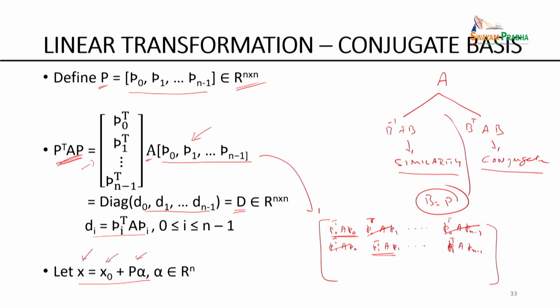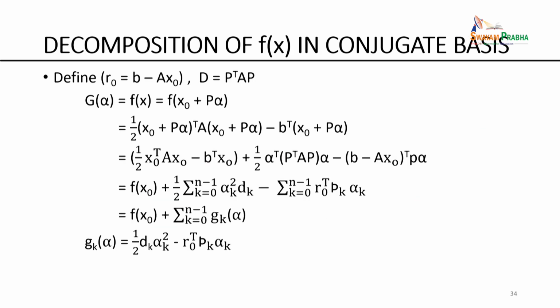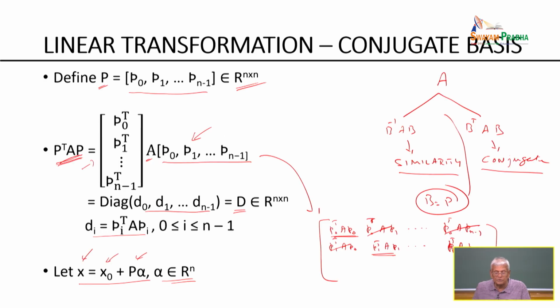So, let x is equal to x 0 plus P alpha. Any point x in the original space can be represented by x 0 plus P alpha. So, alpha is an n vector. Now, I am going to decompose the representation of f of x using this.